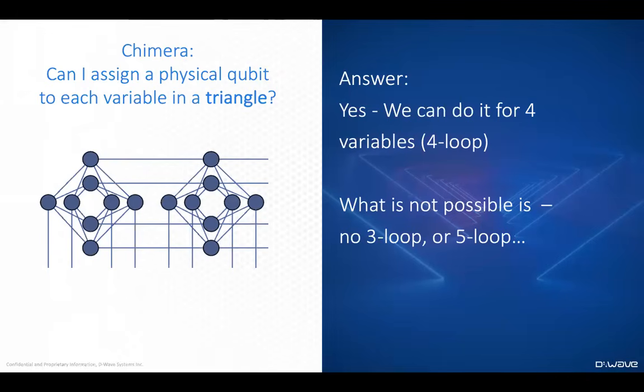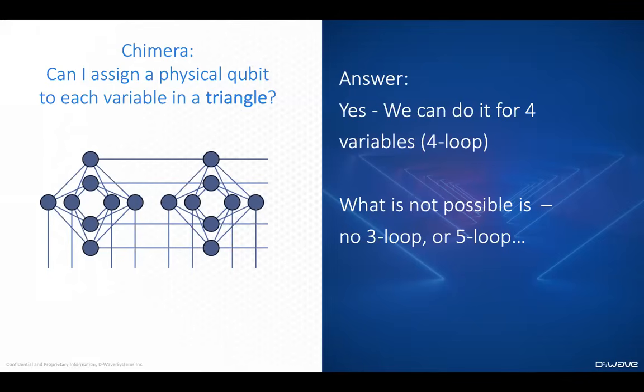Let's think about this for a second, looking at this picture. Can I do this? For example, at the far left there, notice that sort of diamond thing. It looks like a 4 fits on there pretty well, right? A four-cycle, where any one of them is connected to the others around the outside there.